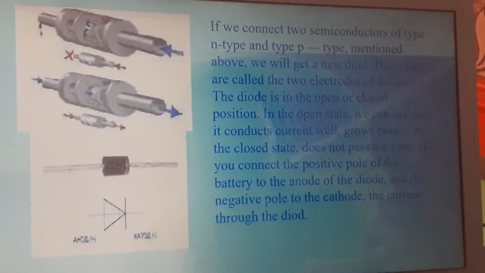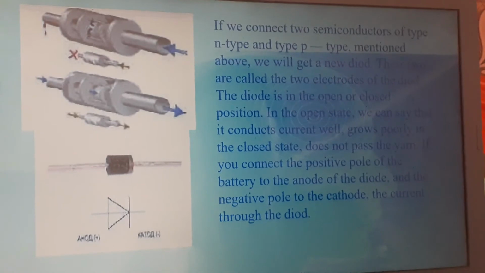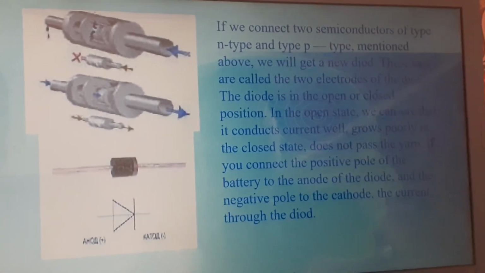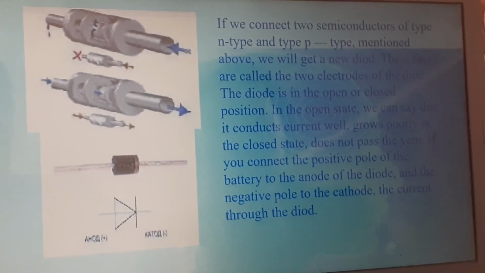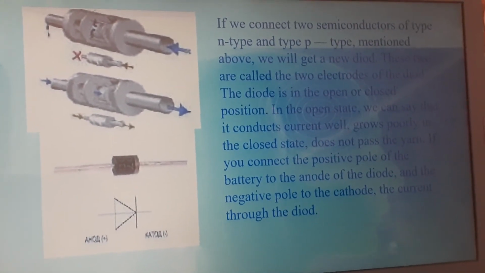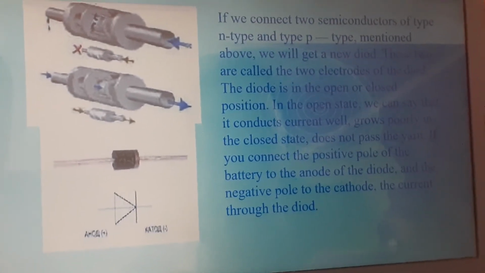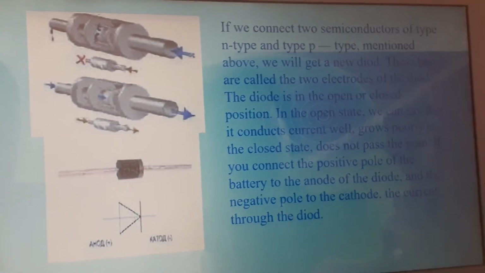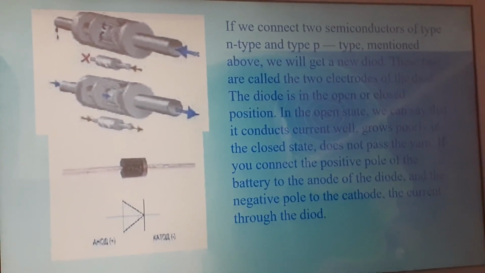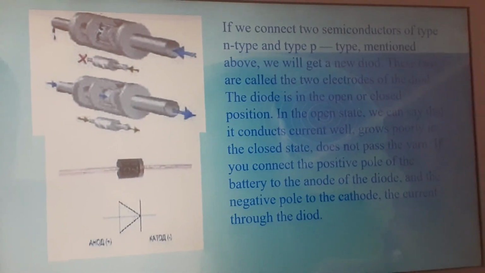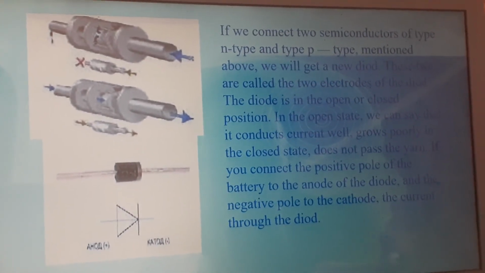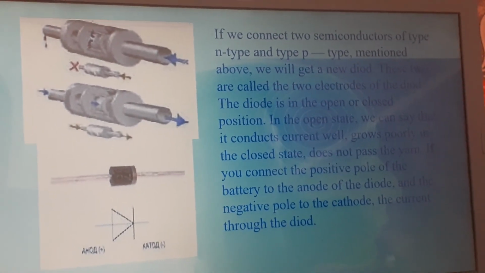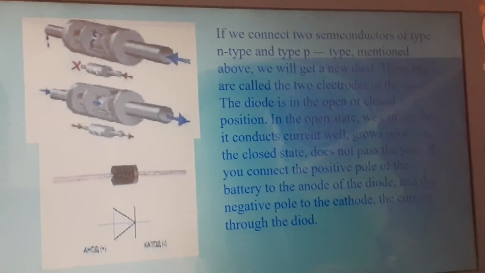The diode is in the open or closed position. In the open state, we can say that it conducts current, while in the closed state it does not pass the current. If you connect the positive pole of the battery to the anode of the diode and the negative pole to the cathode, the current flows through the diode.